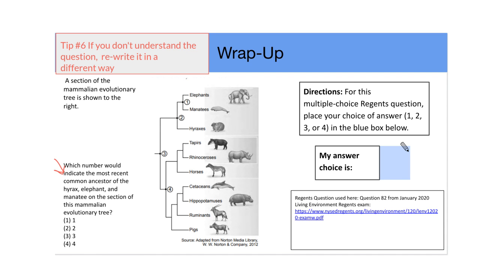So I'm going to try to say to myself in a different way. For now, they're asking me for a number. So a number can only be from the diagram 1, 2, 3, or 4. And I need to look for the number that will give me the most recent common ancestor for these 3 animals that I have right here. All right, so I think I understand the question now.